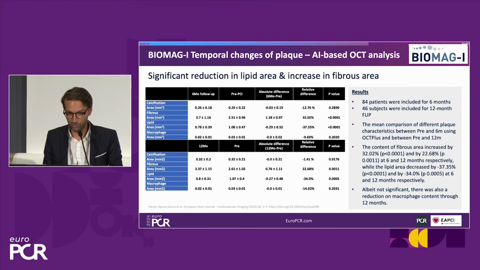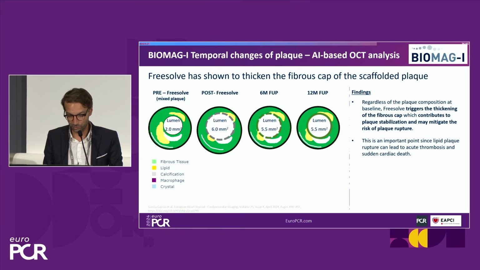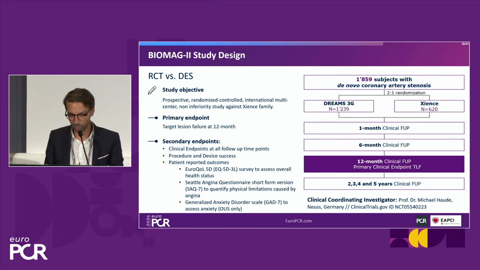And this is probably the most important data shown from Professor Garcia here: there were temporary changes in the plaque characteristic by imaging, with a decrease in lipid area and increase in fibrous tissue, and also an increase in thickening of the fibrous cap, which suggests that it may have a role in stabilizing the vulnerable plaque and preventing plaque rupture.